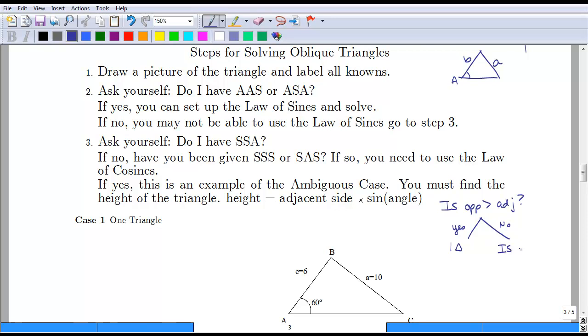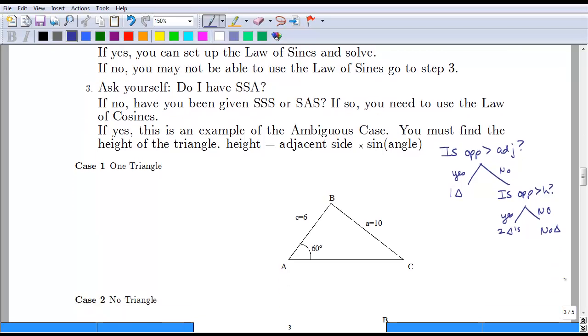We need to calculate h and ask ourselves, is the opposite side greater than h? If yes, then we have two triangles. If no, then we have no triangle. A way to remember this: if the first answer is yes, you've got one triangle. If your answer is no and then yes, you've got two different answers, which gives you two different triangles. And if you get no for both, you have no triangle.